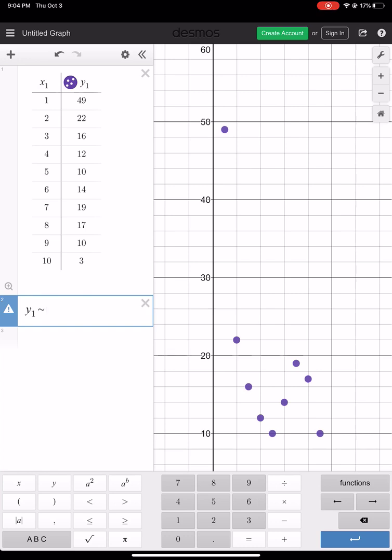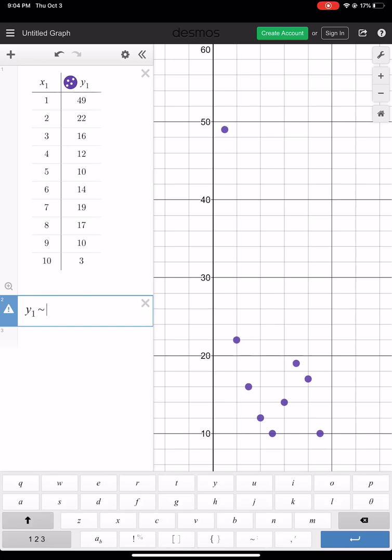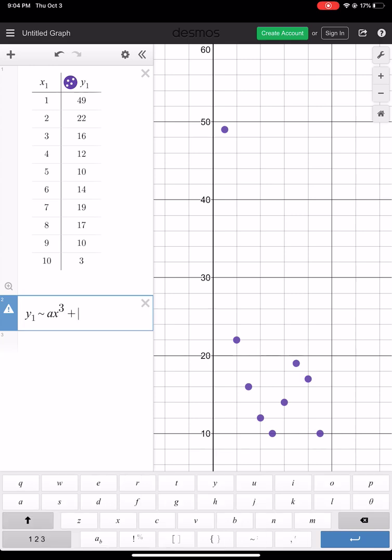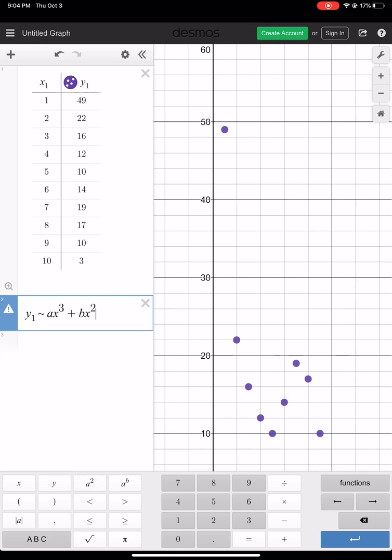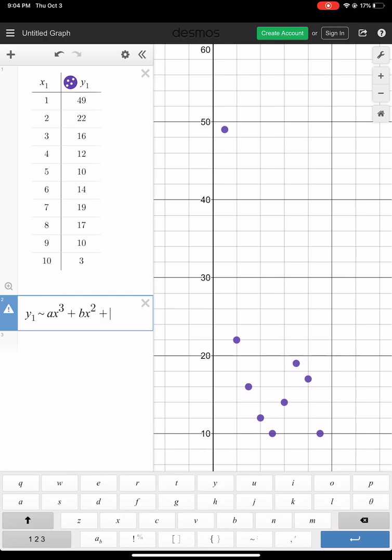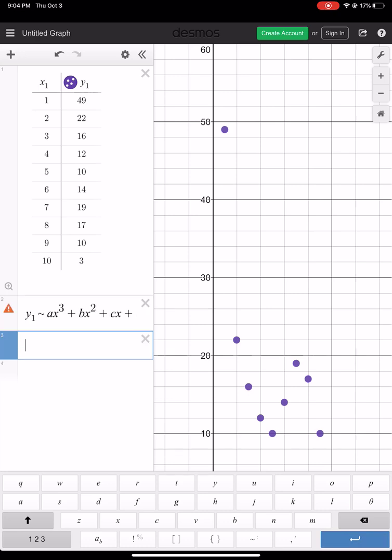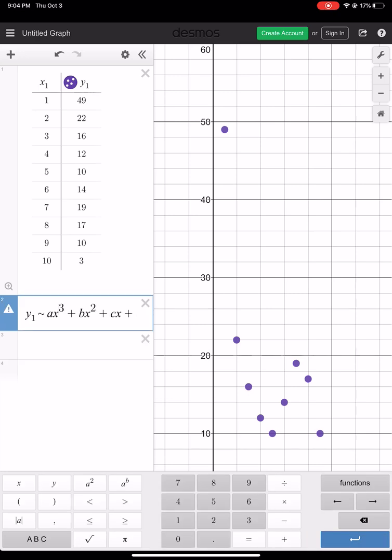And then we want cubic, so that means we have to do a x to the power of 3 plus b x squared plus c x plus d.